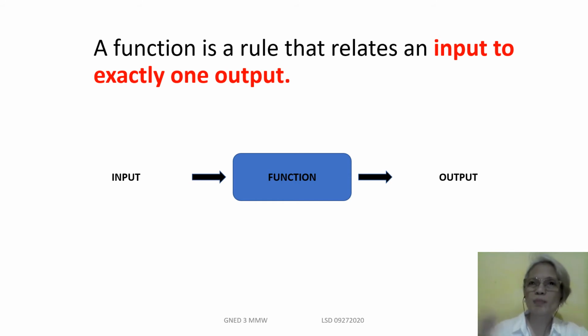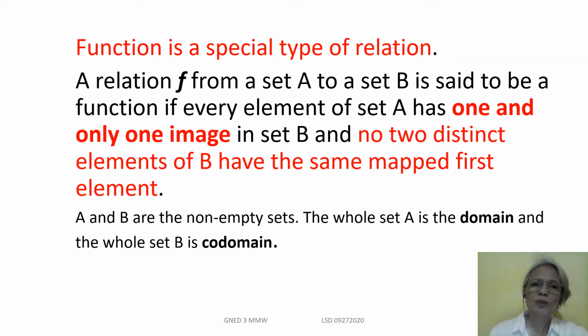There is a specific output, a specific birthday for every person. So we say that a function is a special type of relation. Not all relations are functions, but all functions are relations.